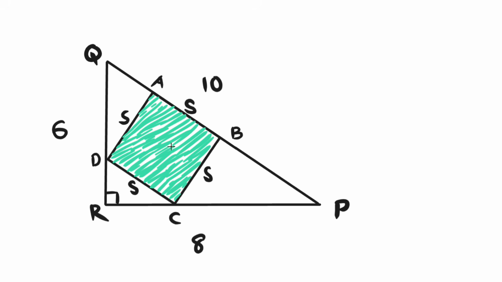Before we move ahead, remember that the area of a square is simply side multiplied by side, or side squared. So everything we do from now on is focused on finding the value of S.